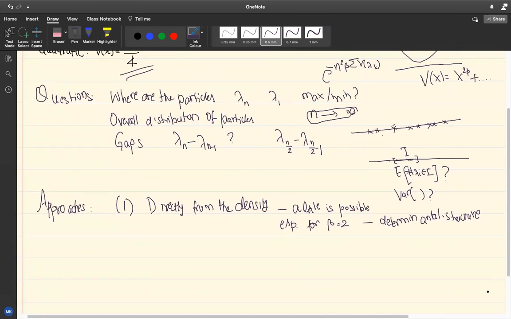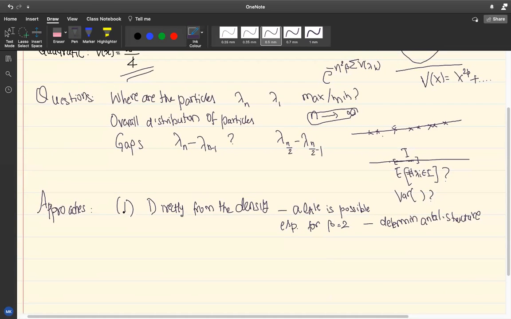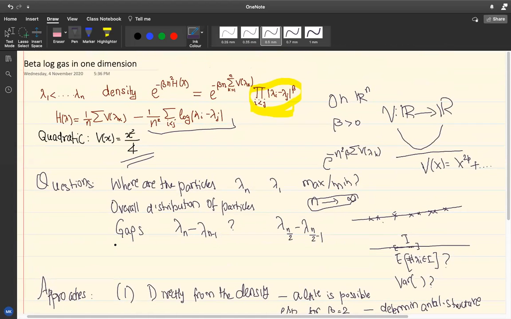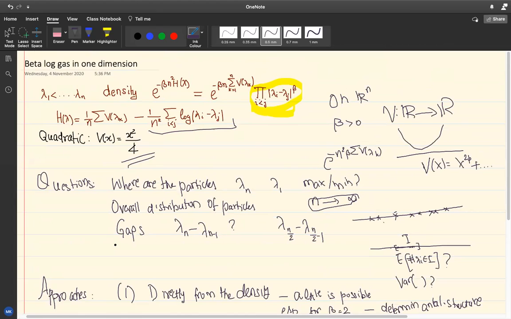We will not be talking about this determinantal structure at all. But that is the first approach, and in fact that was how this was studied. It was all studied for beta equal to 2, the simplest being beta equal to 2 and quadratic V, and then people were able to do beta equal to 2 and general V.